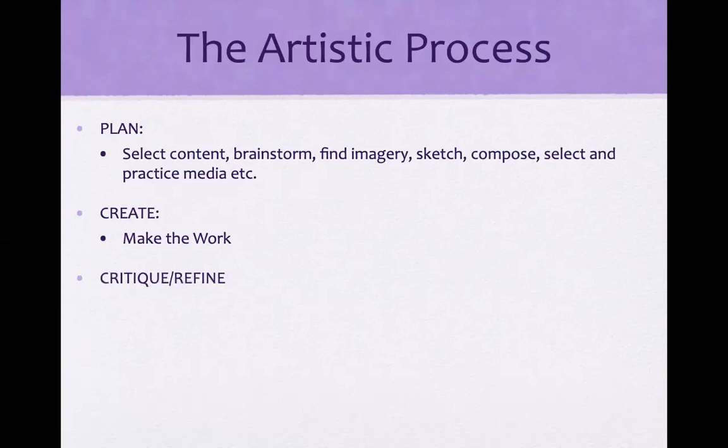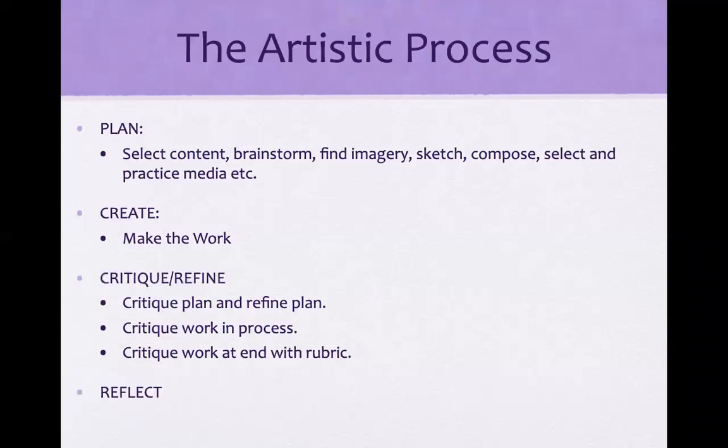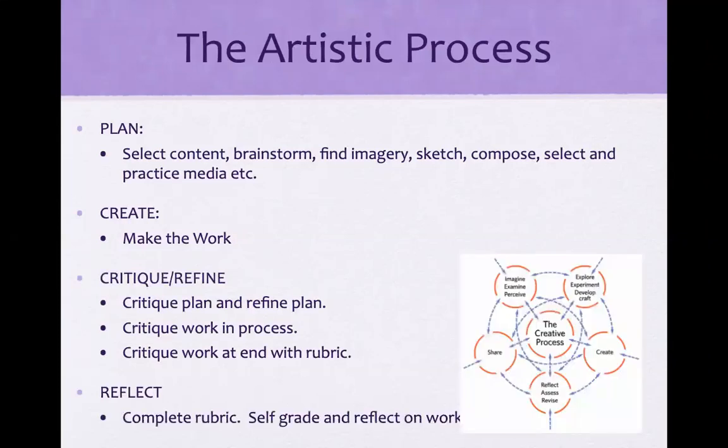Then we're going to be critiquing and refining. This is something we do throughout the entire process. So we critique our plans, we critique our work in the beginning, middle, and end. And then we're going to be doing a lot of self-reflection. The whole point of this process is so that students learn how to get better at expressing themselves through their artwork, and so they should be able to see some growth.